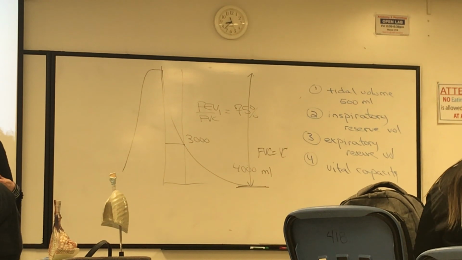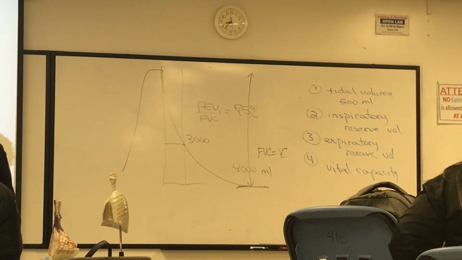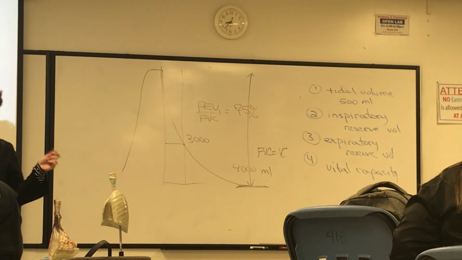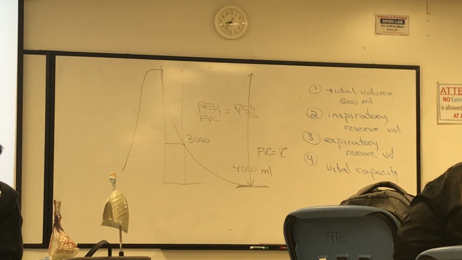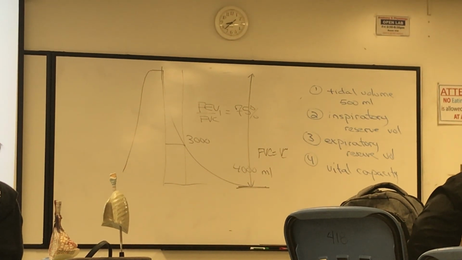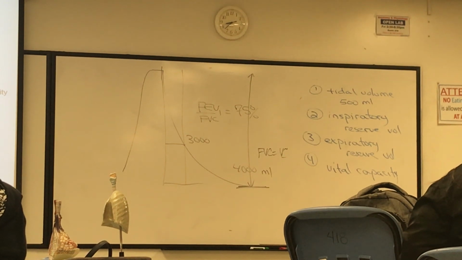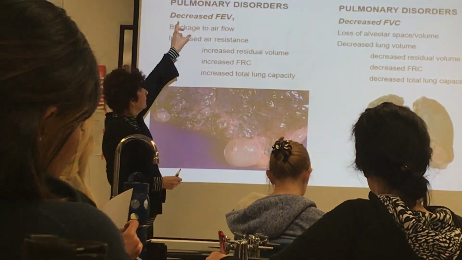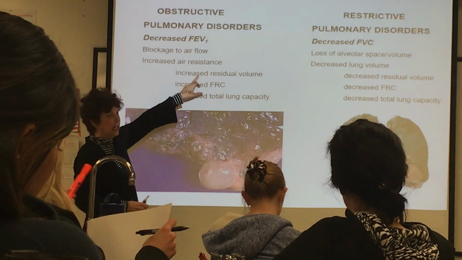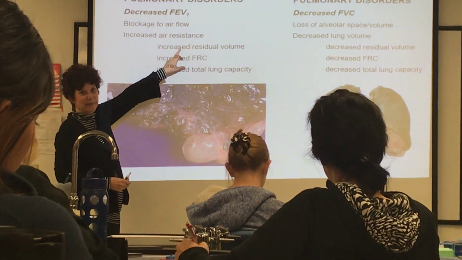So to have normal FEV1 ratio, it should be 80% or higher. Okay? So those are two key signs, the increased residual volume and a low FEV1 ratio are two specific signs for obstructive pulmonary disease. So decreased FEV1 and increased residual volume. Okay?